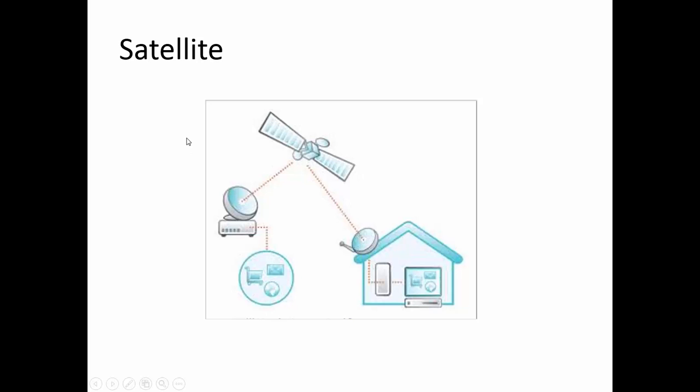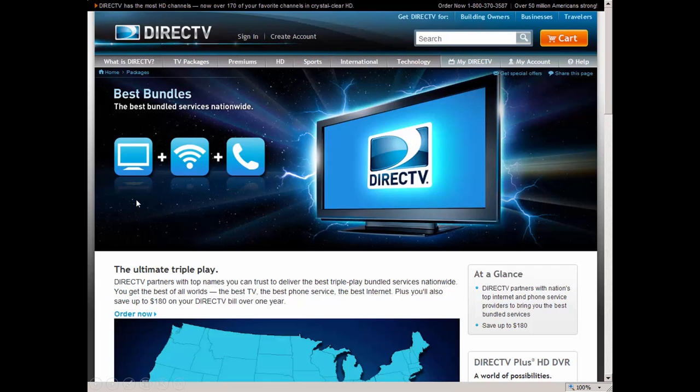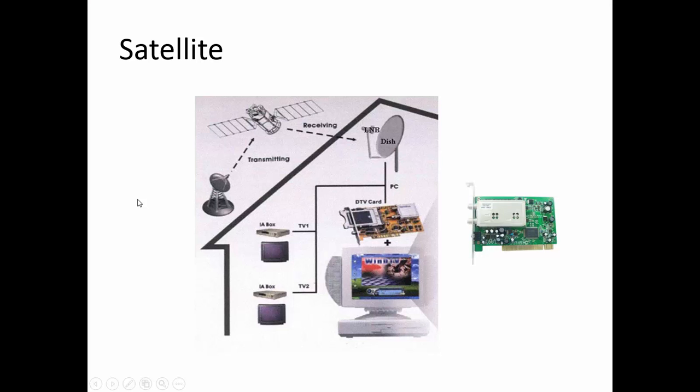If you are in a remote area of the country that doesn't have DSL or cable modem, then you can use satellite. Satellite was first used for direct TV, so people could get TV connection in places that did not support cable TV.